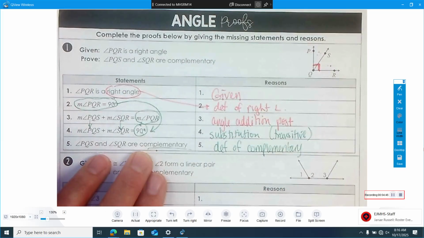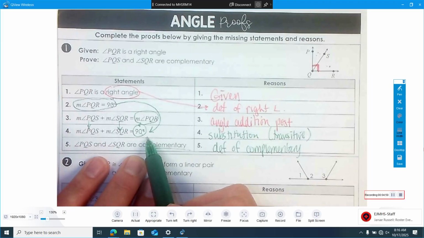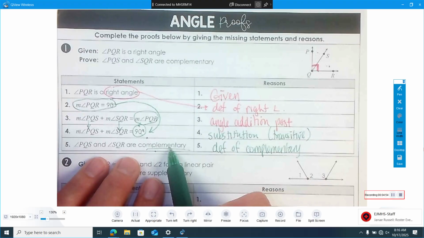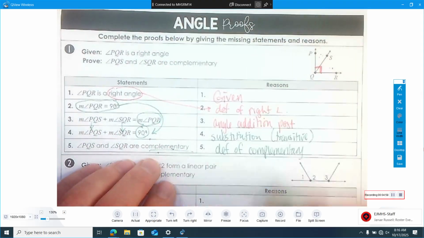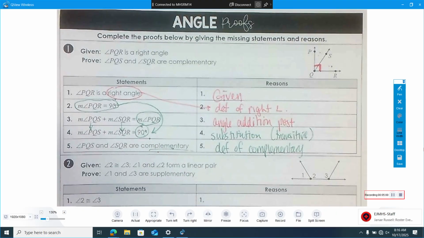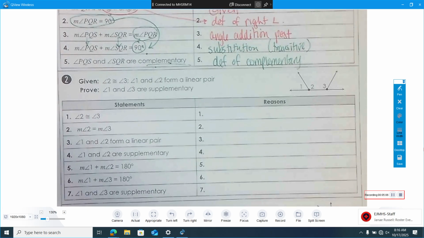If things add to be 90 degrees, then they are complementary. Do we have things that are adding to be 90 degrees? Then they're complementary. Okay. So the key to the reasons is within each statement. So use those words. You're probably going to have to use those words. Okay. All right. Let's look at number 2.